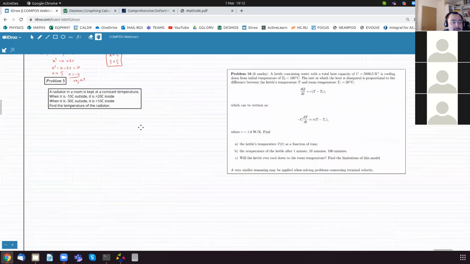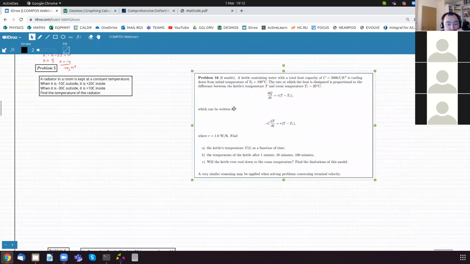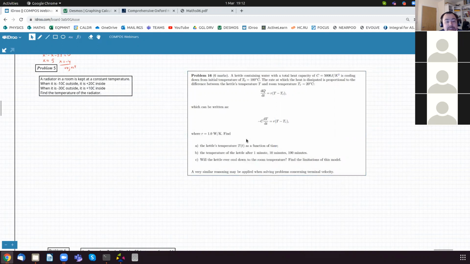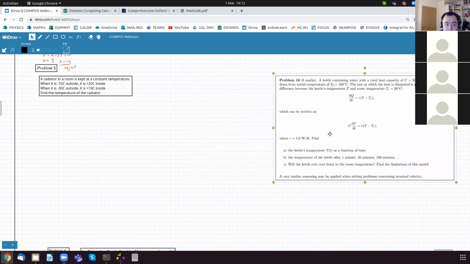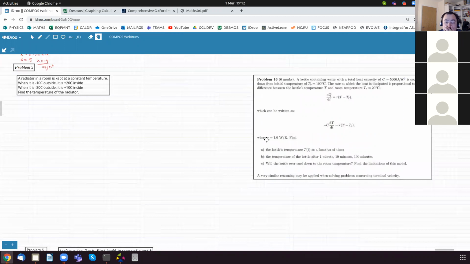Okay. So for problem 5, I wanted to talk about this. I'm not going to go through problem 16 from the assignment. I just want to do another problem which is loosely related to it, just to give you an understanding of what kind of concepts we're dealing with.